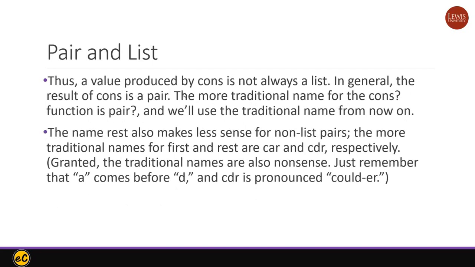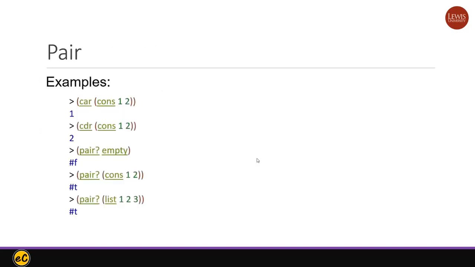And the value produced by cons is not always a list. Constructor can build a list, but in general, the result of the constructor is a pair. The more traditional name for construction, okay, so we want to make a list.